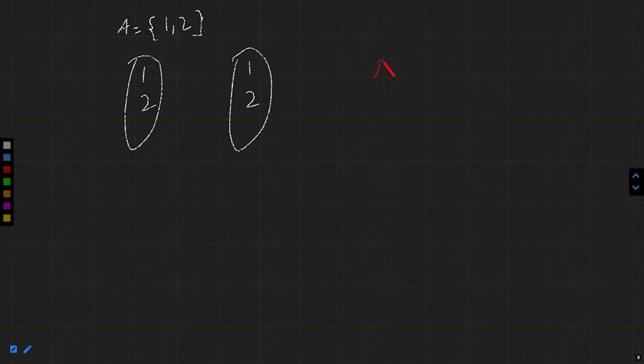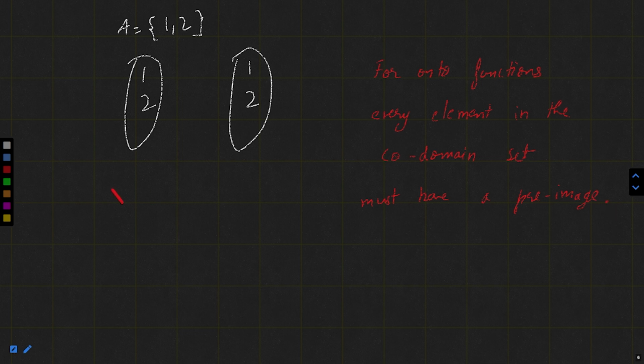For onto functions, every element in the codomain set must have a pre-image.